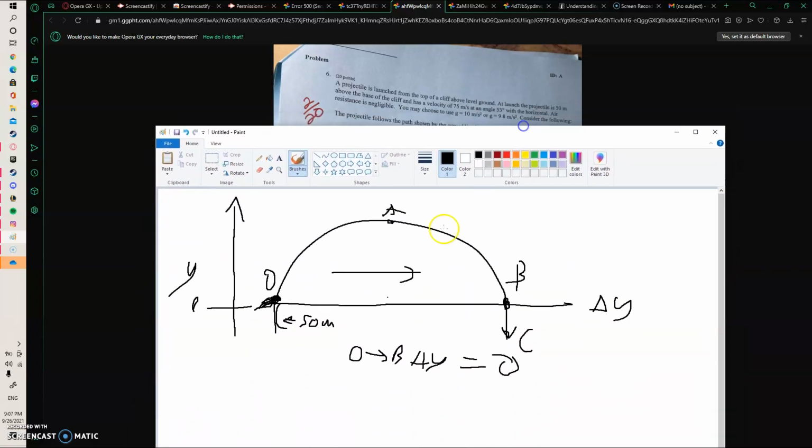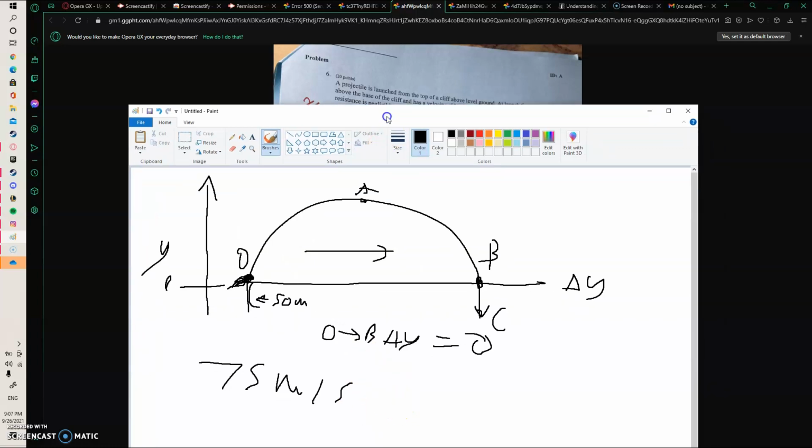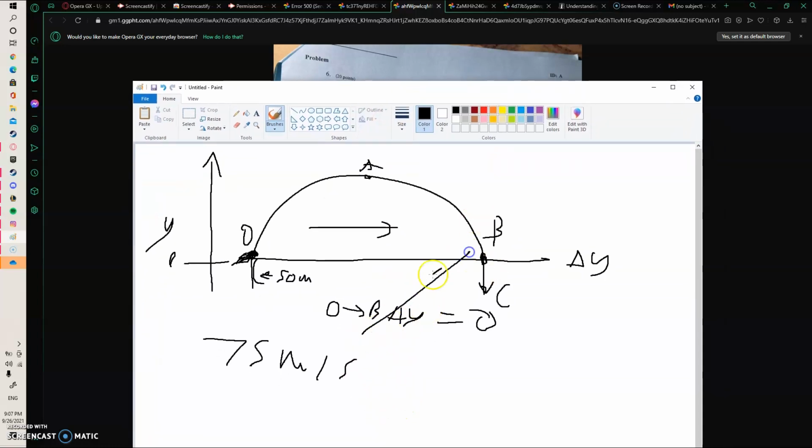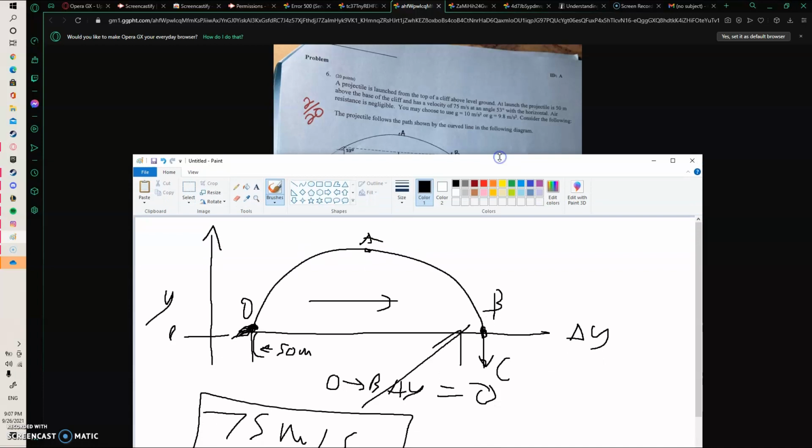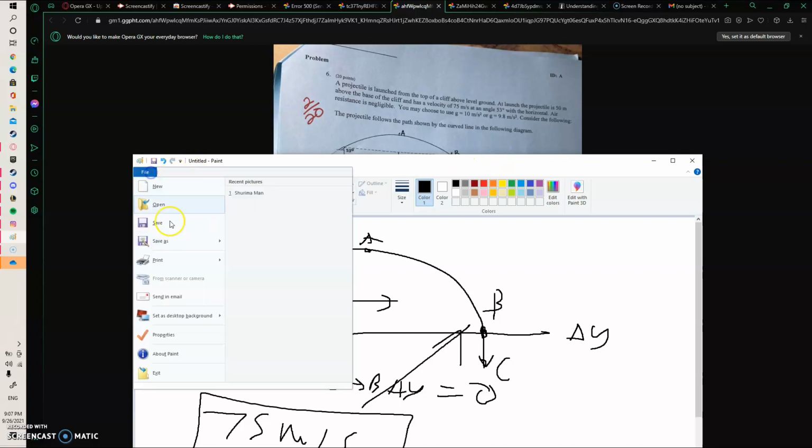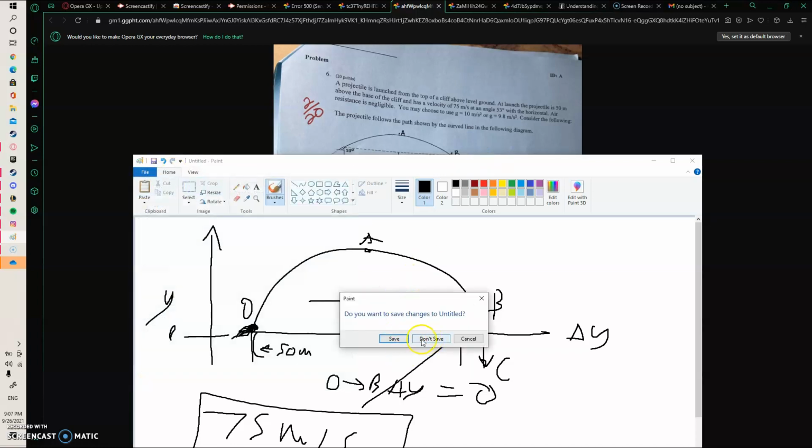So when we know this, we also know that the original velocity is 75 meters per second. We actually know that the value here is also equal to 75 meters per second, and no calculation is really necessary, because delta y is equal to 0, and it's equal to the initial, basically. That's about it.